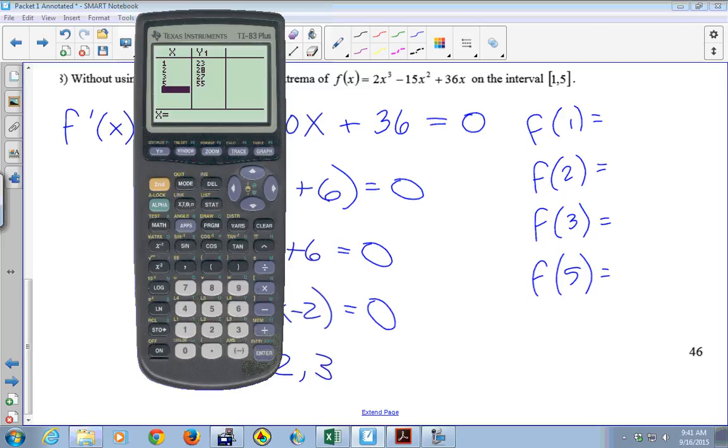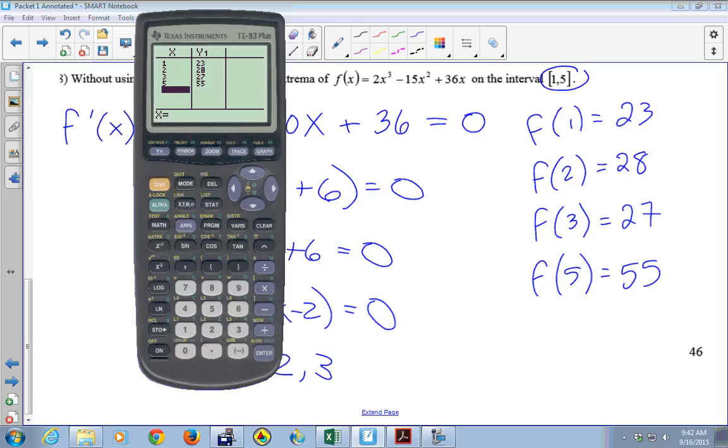And my y values are 23, 28, 27, and 55. So where does my global maximum occur? 5. The very biggest y value on that interval is 55. It happens when x equals 5.